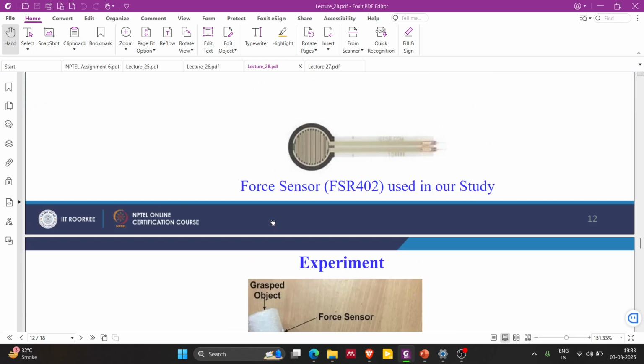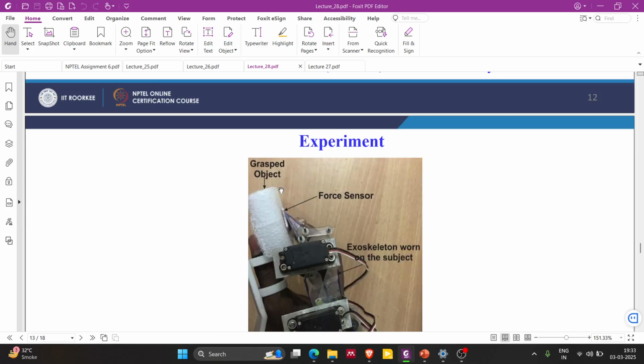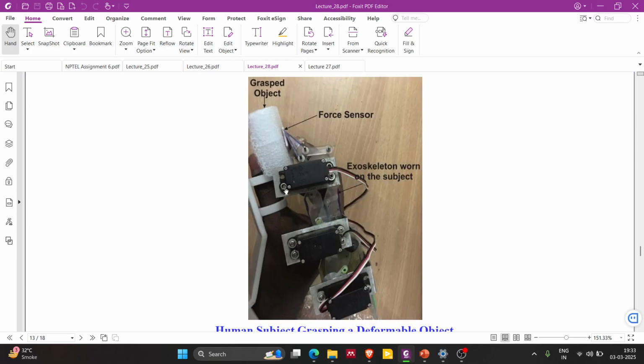Based on that force, you give position commands to the actuators, because if you apply more actuation here, this force will be higher. So we need this force sensor to see how much contact force is happening, so that we can tell the actuators or motors not to produce that high a force.